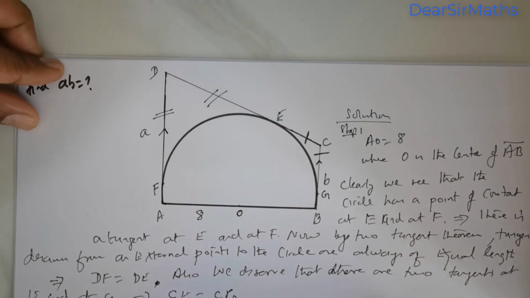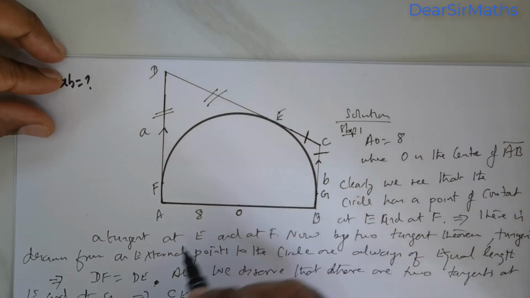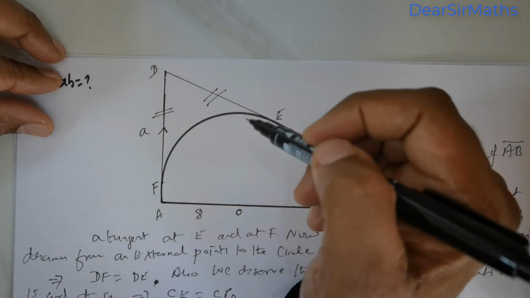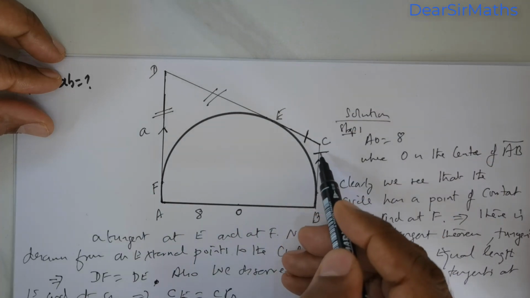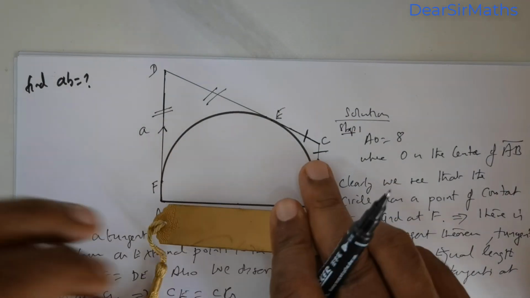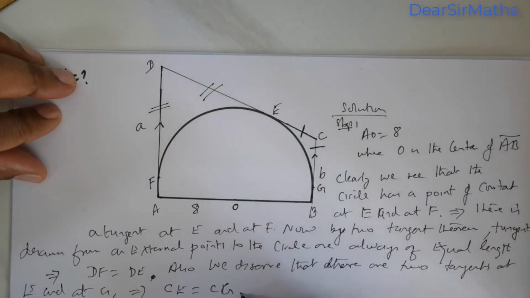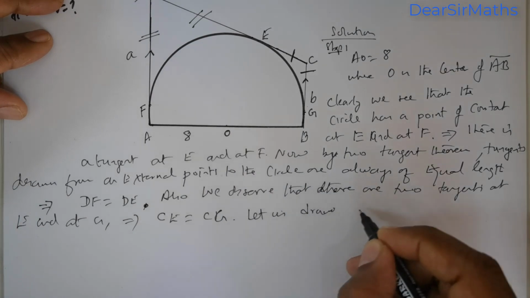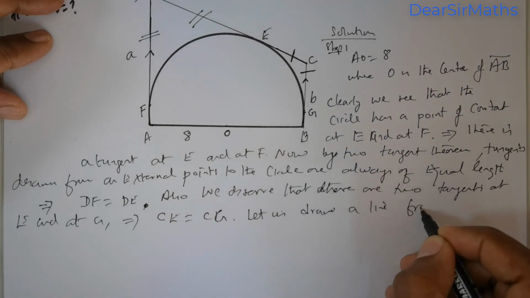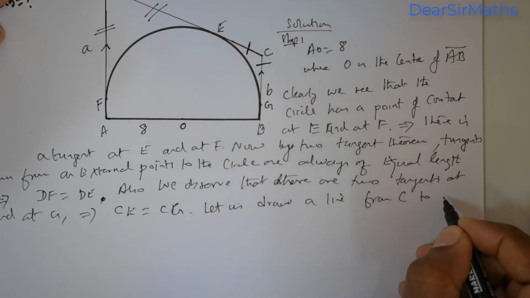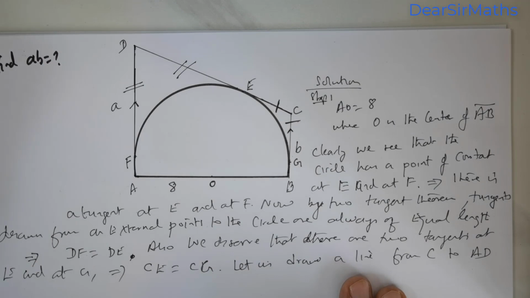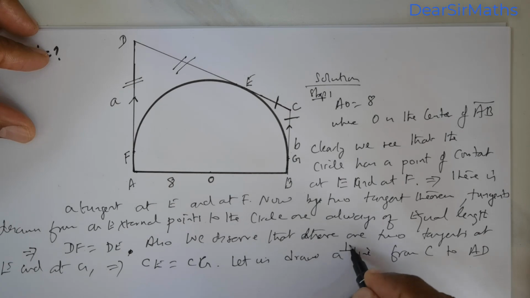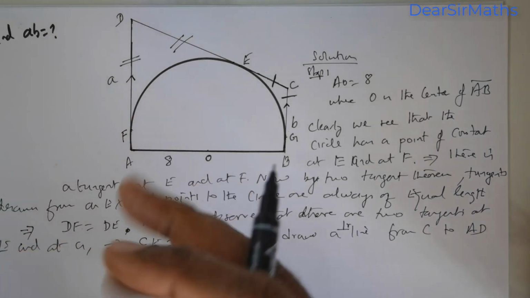Now this entire length is A units. Let us draw a perpendicular line from C to AD.